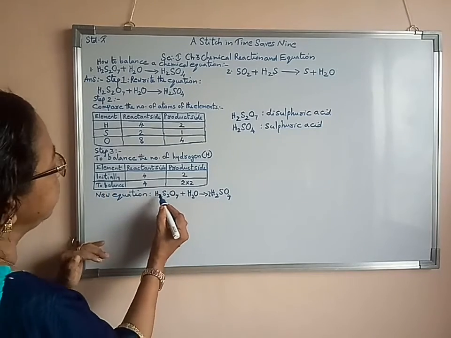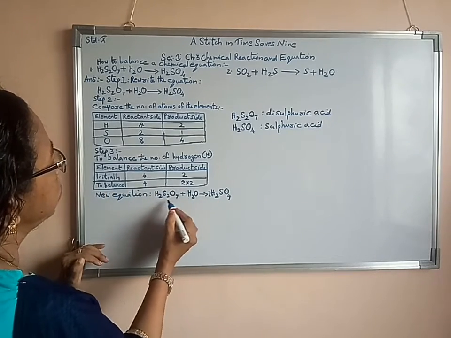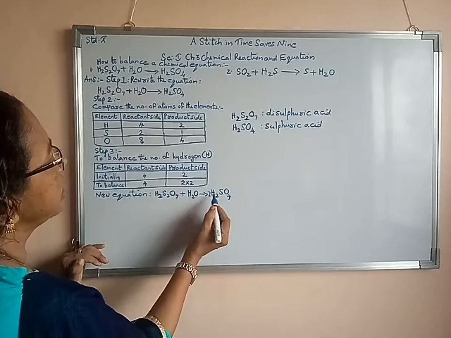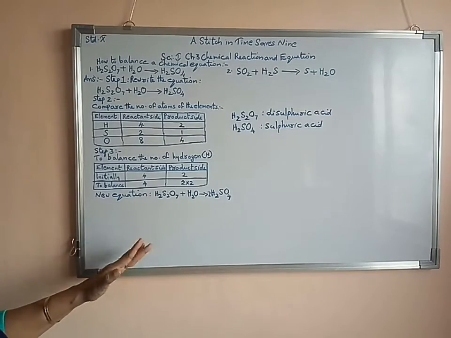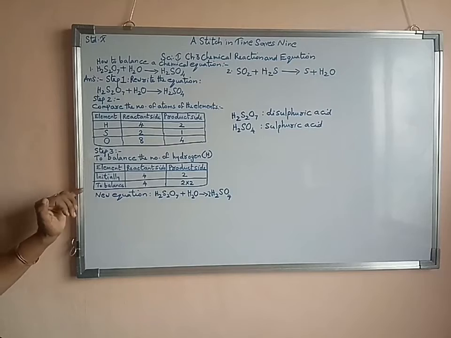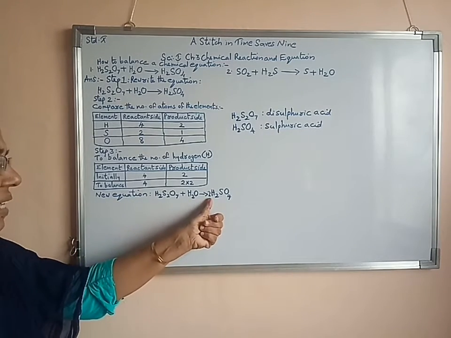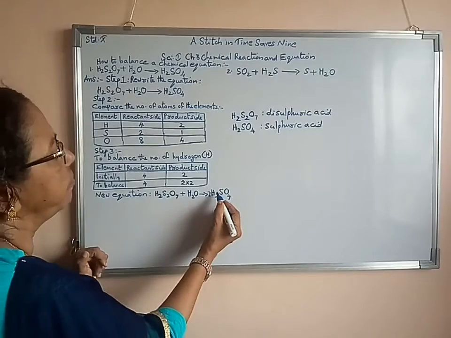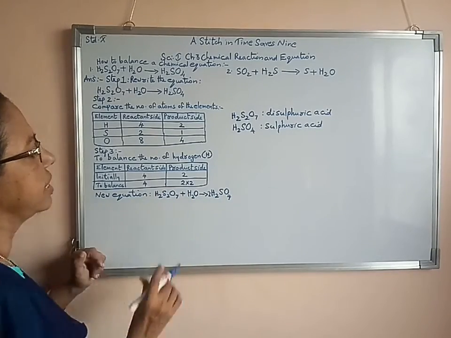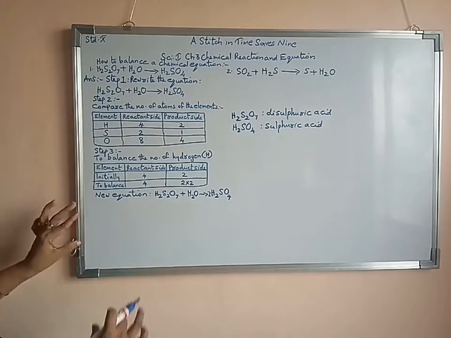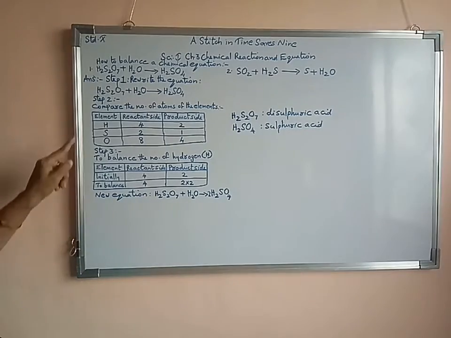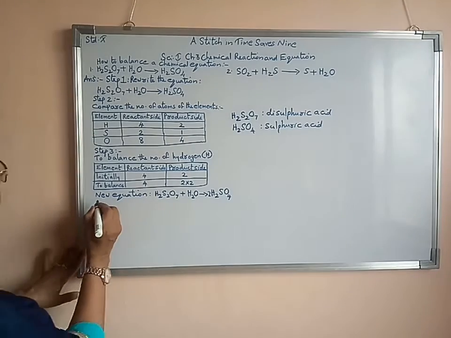Hydrogen balanced. But again we have to compare the number of atoms, because once we changed the number here, the number of sulfur changed, the number of oxygen also changed. Because of that, again we have to compare the number of atoms.